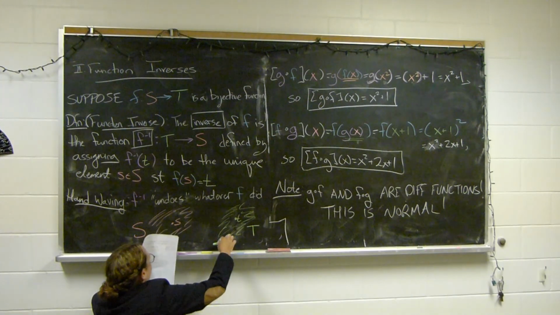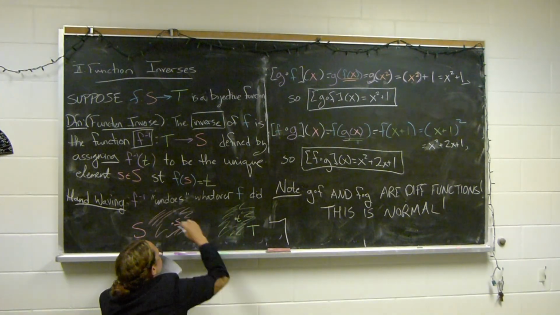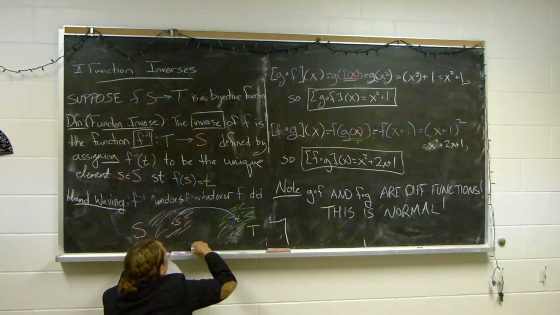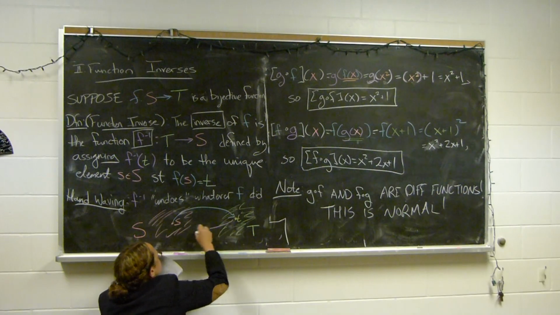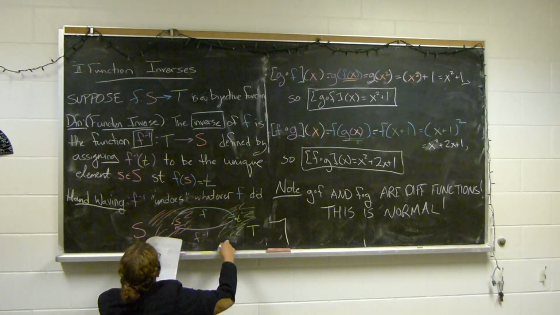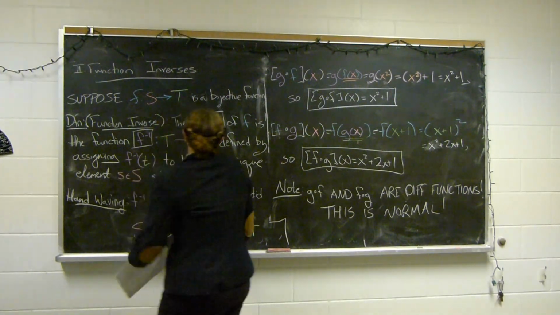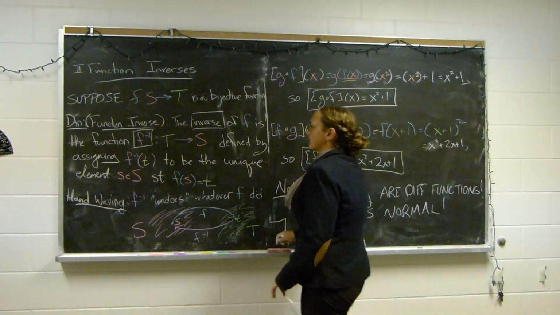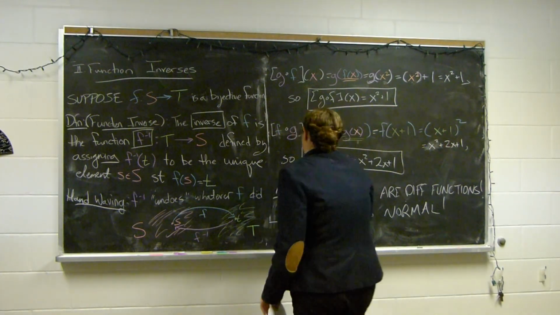Okay, and what happens is that F takes this s to t, and then my F inverse just does the opposite of that. So if s went to t, then it takes t back to s. So this is my F inverse, and this is my F. Okay? Now, that's my hand-waving, scribbly picture kind of thing of what's going on there.